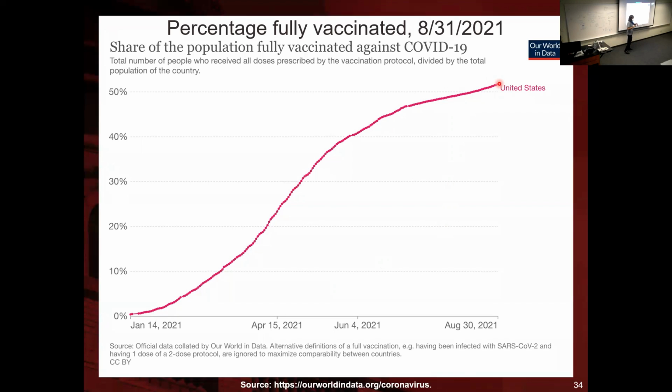In Texas, it's lower than 50%. And within Texas, it varies a lot too. And the percentage of people that got at least the first dose, you can also get in this website, it's around 60% in the US. All right, so it's still a lot of people susceptible to die and to transmit it.